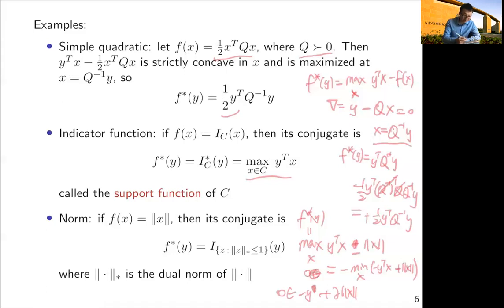So this condition is equivalent to, say, y is inside the set of all points where the dual norm is smaller than 1.